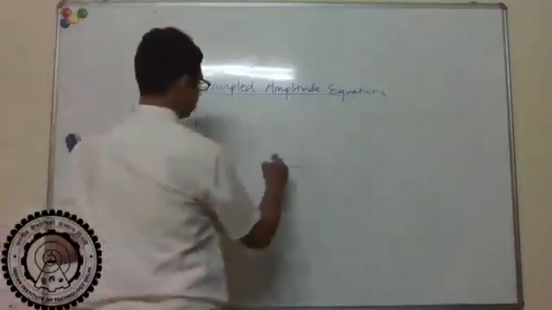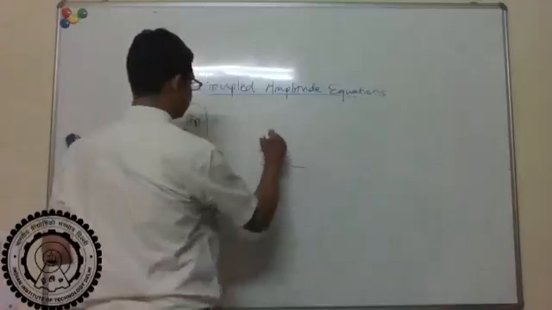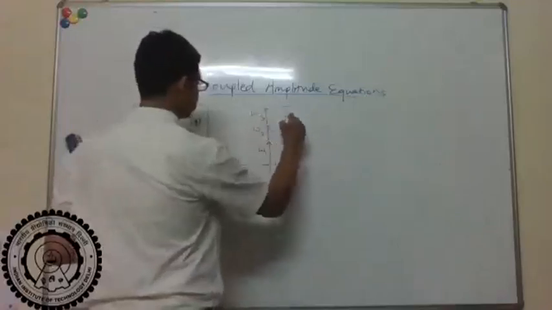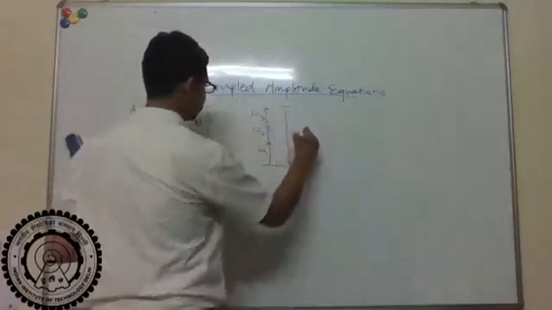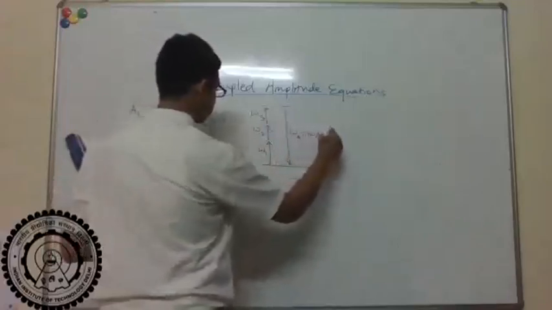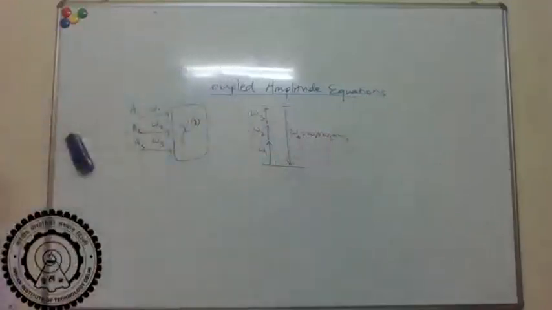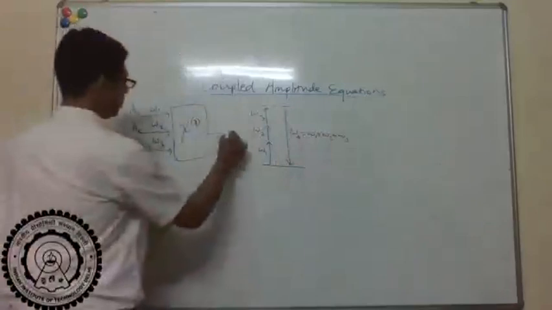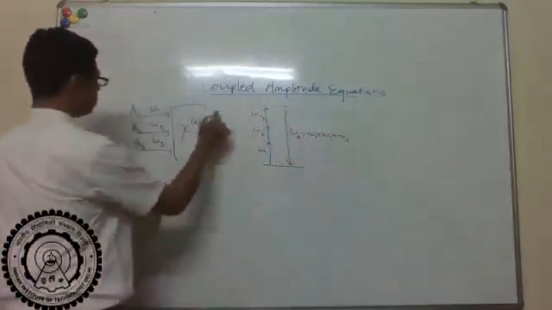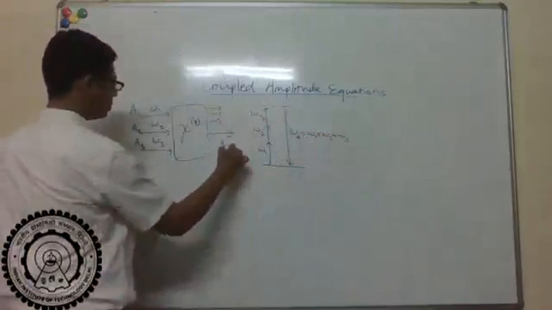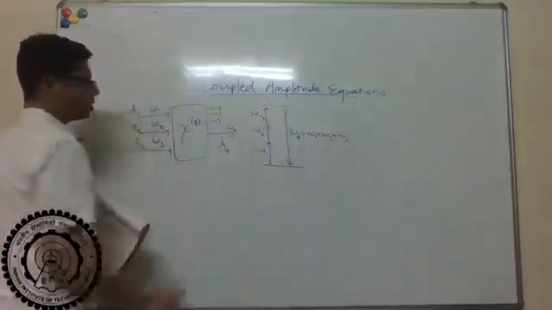Due to the chi3 interaction, I can get a frequency which is the sum of these, so omega4 equals omega1 plus omega2 plus omega3, which is generated. At the output, in addition to these 3 fields, I could have another one at omega4 with some amplitude A4.